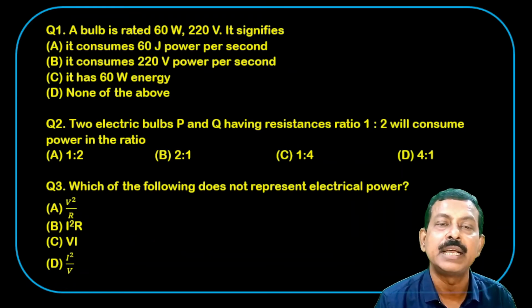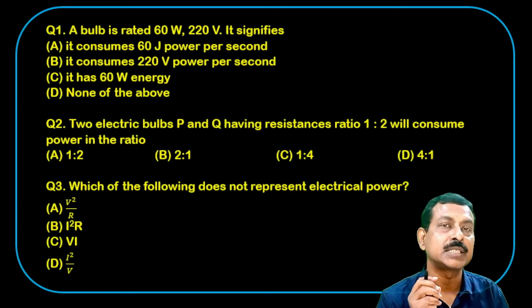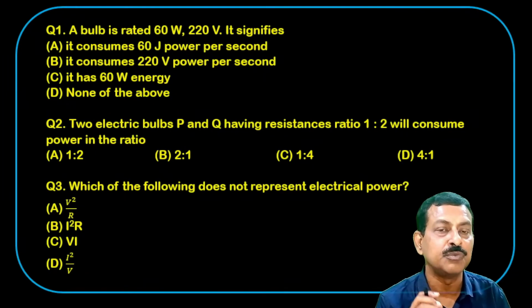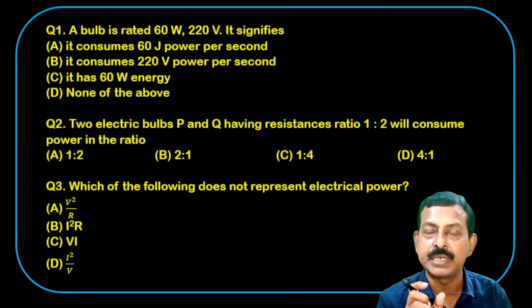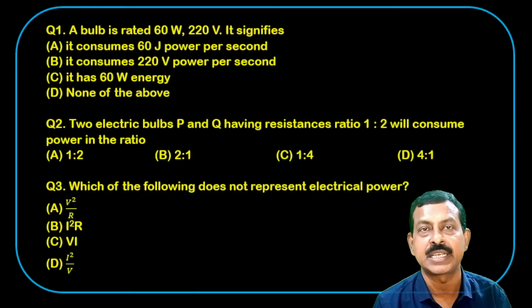A bulb is rated as 60 watt 220 volt. It signifies: it consumes 60 joule per second; it consumes 220 volt power per second; it has 60 watt of energy; none of the above. Now, if the power rating is 60 watt and 220 volt, it means when operated at 220 volt, it will consume 60 joule in 1 second.